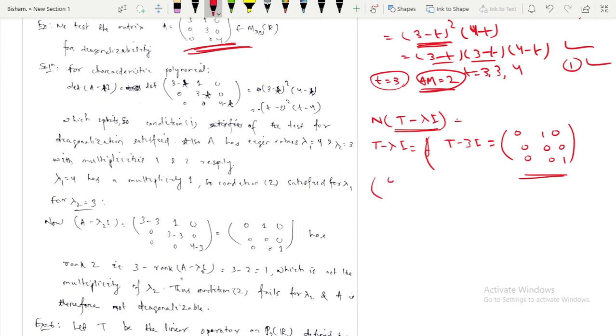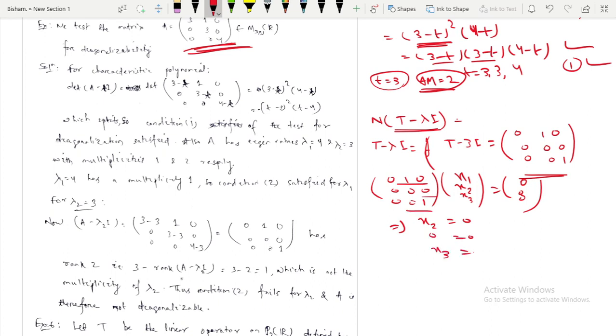That means 0 1 0, 0 0 0, 0 0 1 times x1 x2 x3 is equal to 0 0 0. Then find x1 x2 x3. The first row says x2 equal to 0, the second says 0 equal to 0, and the last one says x3 equal to 0.